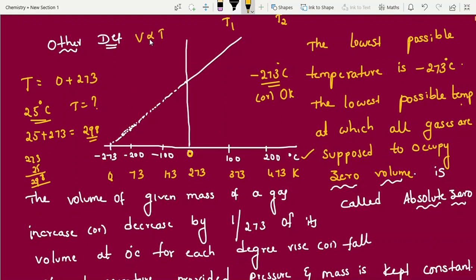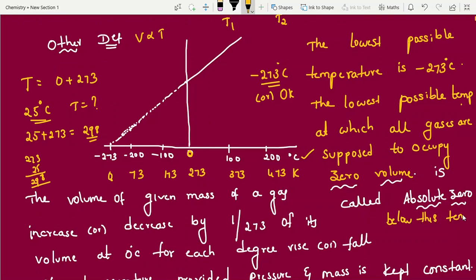So where volume becomes zero, the temperature is zero. We express it as 0 Kelvin, and in degrees as minus 273 degrees. That we call absolute temperature. Below this temperature, a substance cannot exist as a gas.